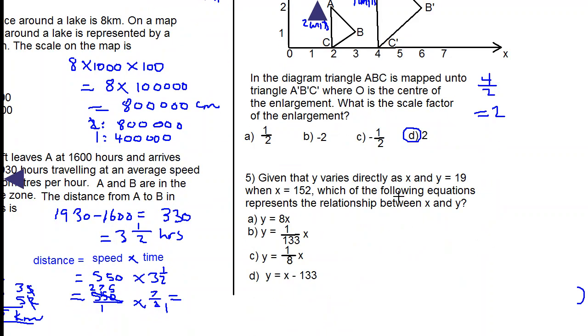Given that y varies directly as x and y equals 19 when x equals 152, which of the following equations represents the relationship between x and y? So this is direct proportion.